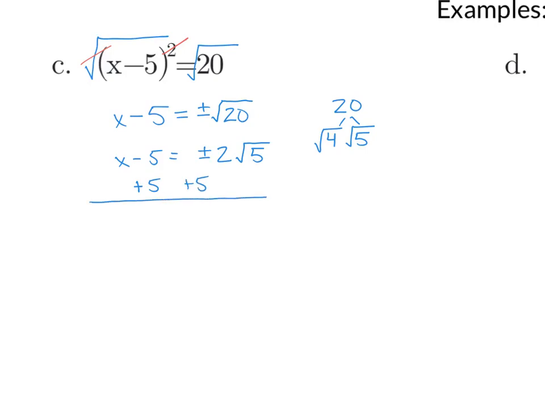And for my final answer, I get x equals 5 plus or minus 2 square root of 5. Now, when you're working on your homework, unfortunately, they might not have the plus and minus symbol. And so when you write your answer, you may need to write it out as 5 plus 2 square root of 5, comma, 5 minus 2 square root of 5.